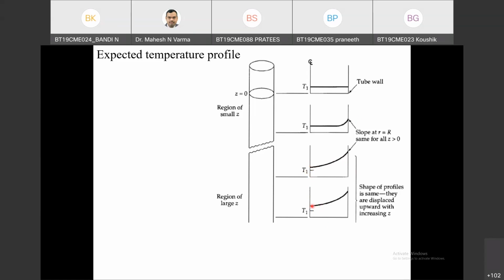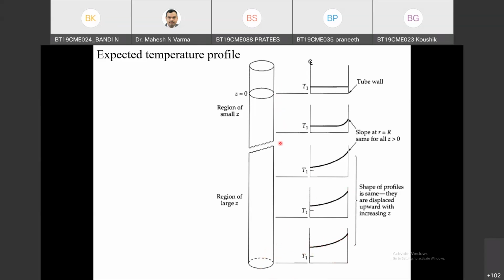The temperature profile remains the same, but there will be an increase in temperature as I move in the Z direction. So at the end you will get some temperature T4 at the wall, and at the center also T4 increasing, and this final temperature depends upon the length of the pipe. If the length of the pipe is larger, the whole temperature will be larger, the average temperature will be larger.